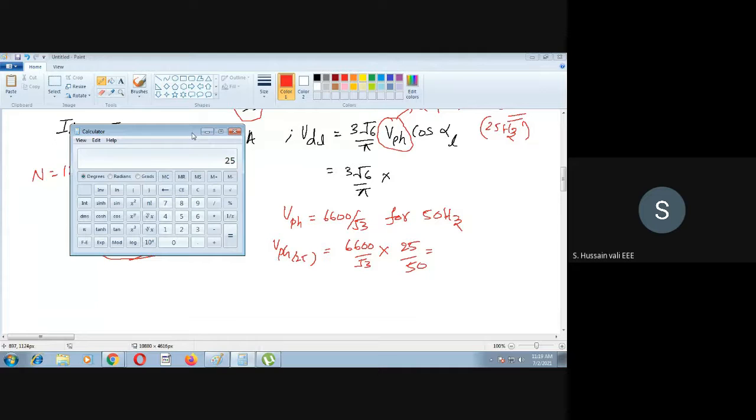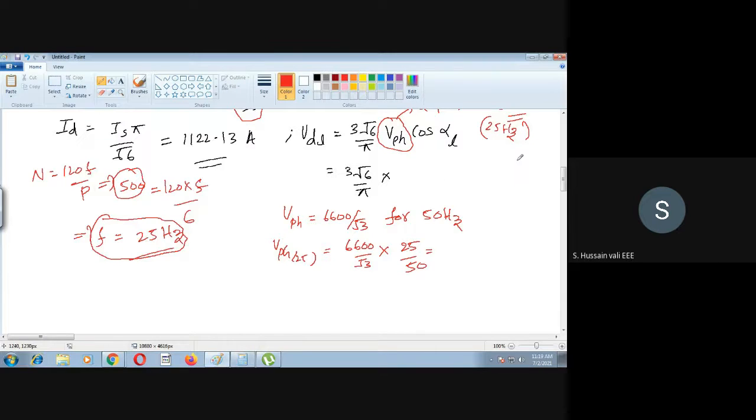Because we are following V by F control. Please recall that we are following V by F control. In the V by F control, you know very well that when you are operating below the rated frequency, you maintain V by F constant. If it is above the rated frequency, you maintain the voltage constant.